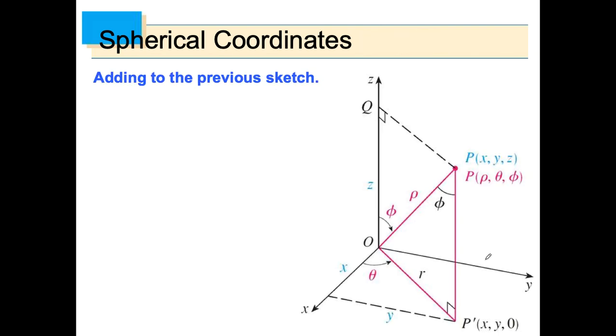So let's go ahead and take that previous sketch again, and let's add some elements to it. Notice here, if you compare this sketch to the previous sketch, I pointed out the distance x. That's the distance from the origin out to this dotted line here. Sorry, it's kind of hard to see. This distance y is going to be the distance from here to here, parallel to the y-axis.